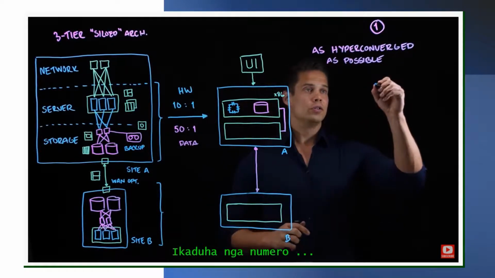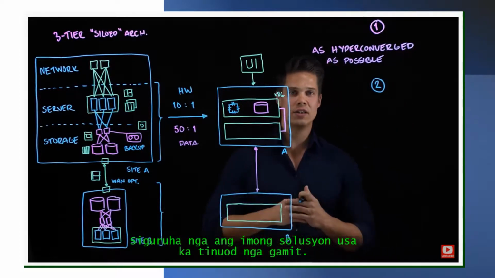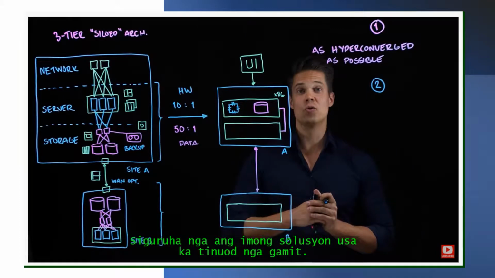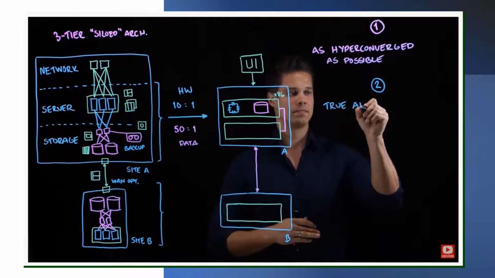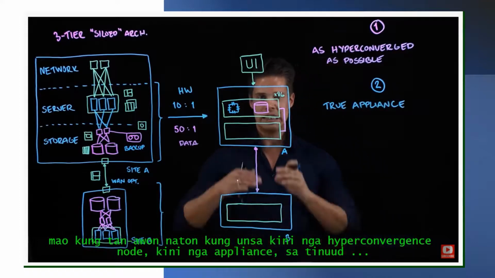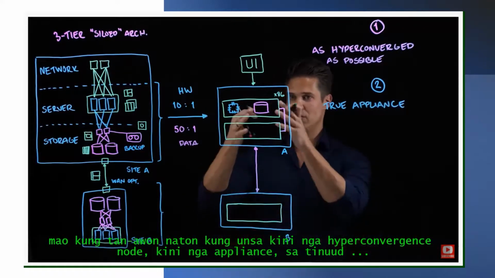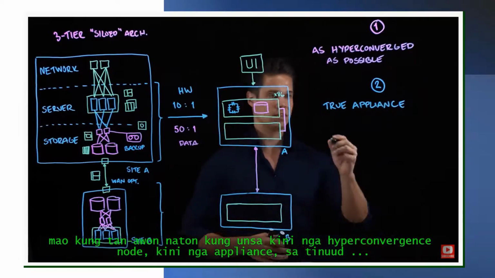Number two, make sure that your solution is a true appliance. What I mean by this, true appliance, is that if we take a look what this hyperconvergence node, this appliance actually is.